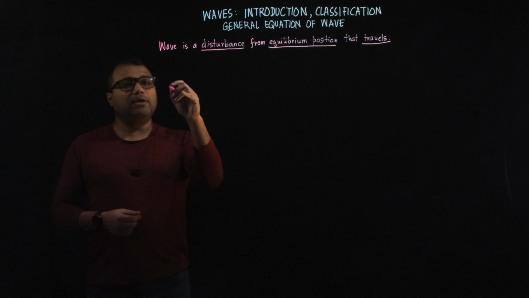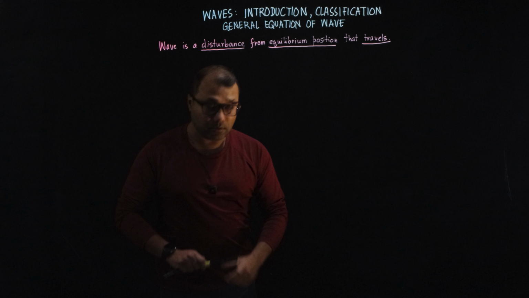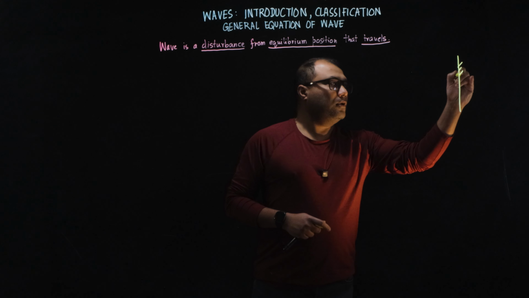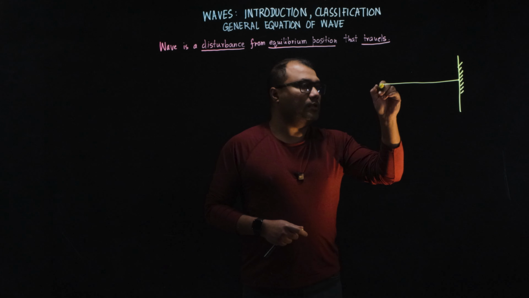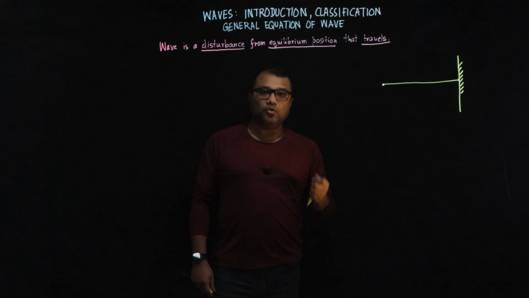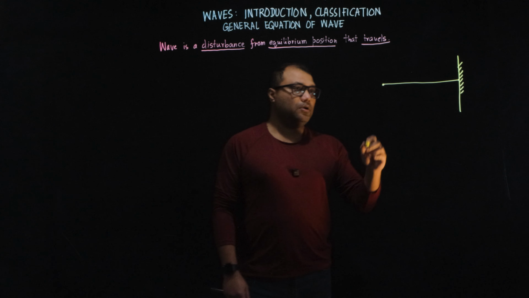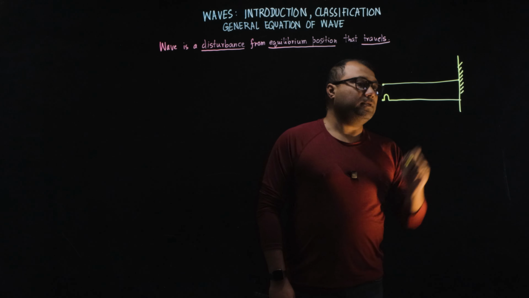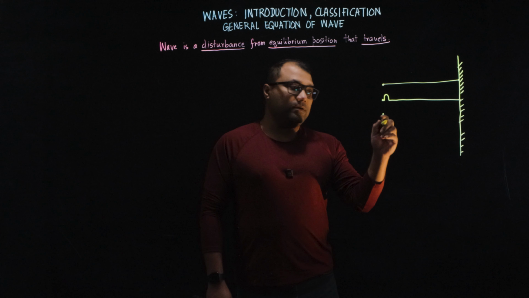A disturbance could be, let's imagine, I have a wall and I've attached a string to the wall. This is the free end. I'm holding the string and then I'm creating a bump or a disturbance on the string. So what will happen after a while, there is a bump created like this. The bump does not stay there.